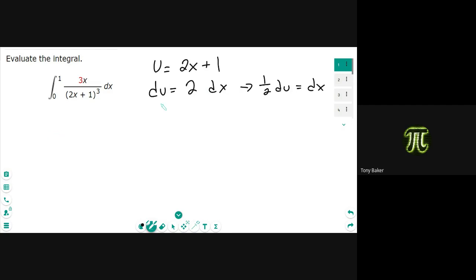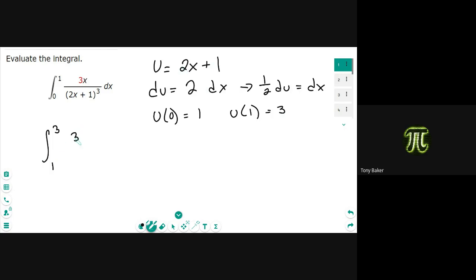Since this is a definite integral, we can change the interval that we're looking at. So u of 0 is 1 and u of 1 is 3. I'm changing the limits and plugging them in.